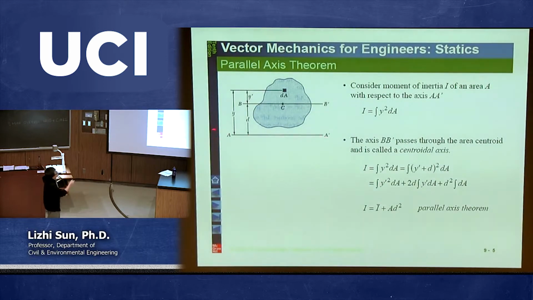So then, what we're going to do is to write down the moment of inertia I, which is equal to the integral of y squared dA with respect to this A prime axis, okay?